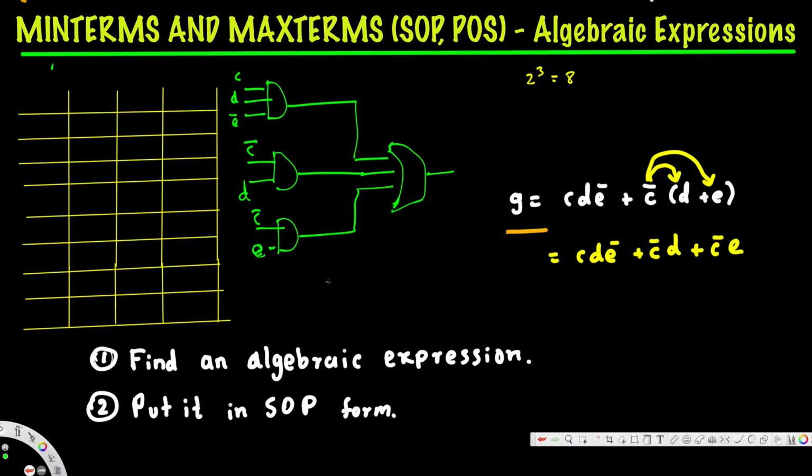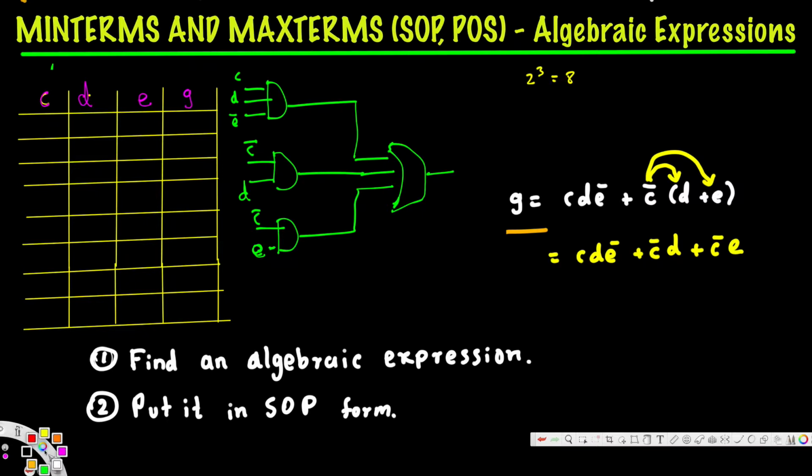Let's look at the combinations. Here we have 3 different variables: C, D and E, and the final output is G. When we have 3 variables, we have 8 different combinations because 2 to the power 3 is 8.